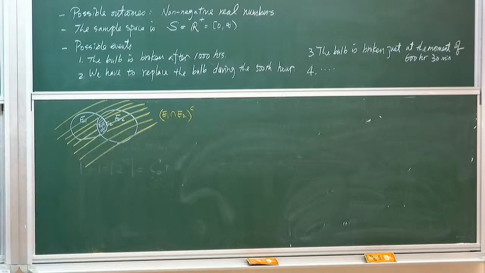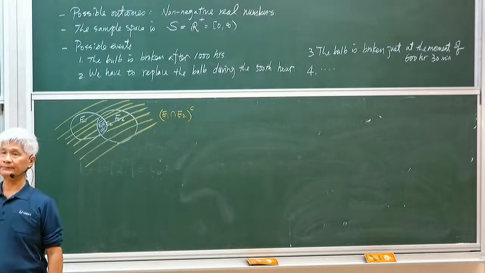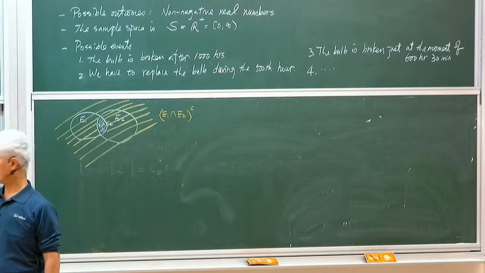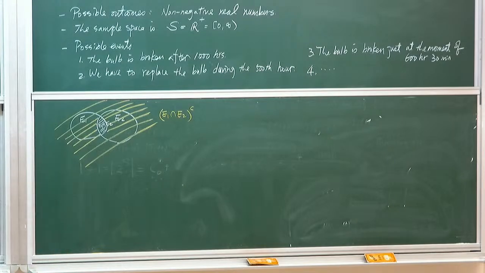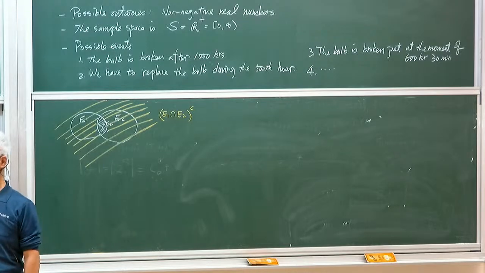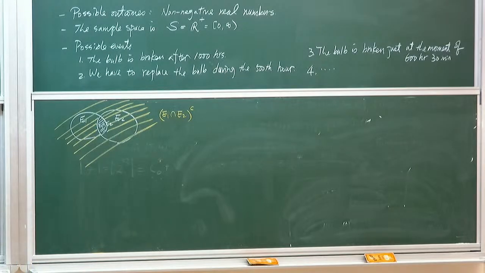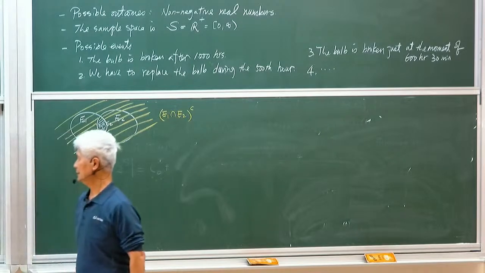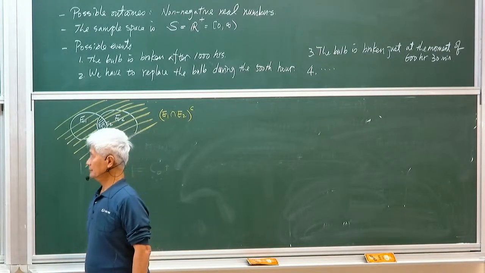So it's important here to understand that X is not in the intersection of Ei means that X is not in Ei for some i, meaning at least one i. And X is not in Ei means X is in the complement of Ei for some i, and for some i means union.